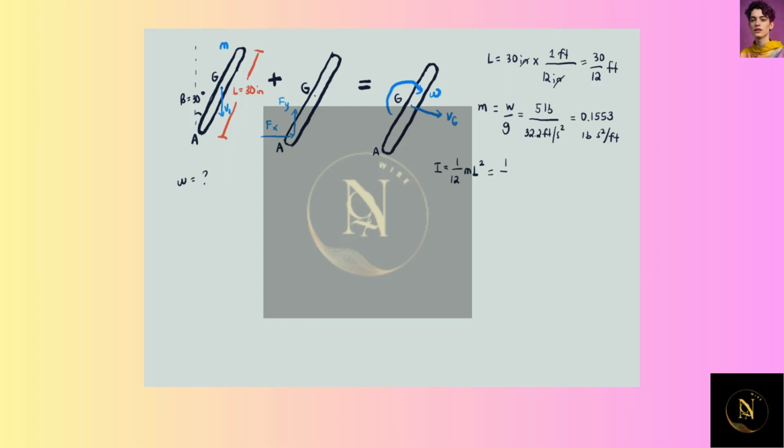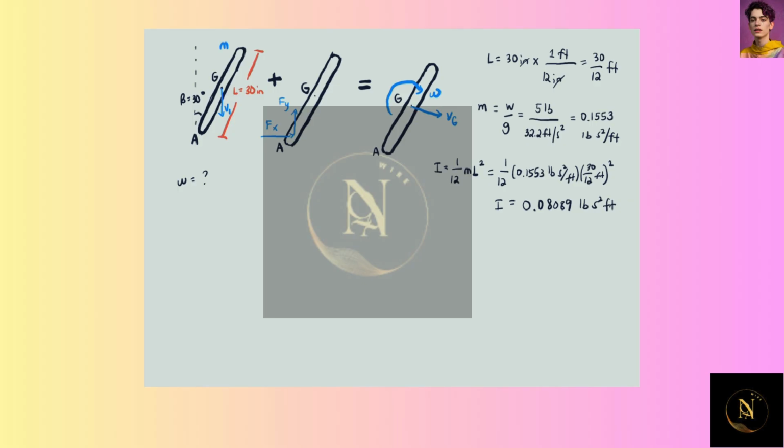So this is 1 over 12 times the mass that we got earlier, 0.1553 pound second squared per feet, times 30 over 12 feet squared. So our I is equal to 0.08089 pound second squared feet. Okay, so these are our given values.